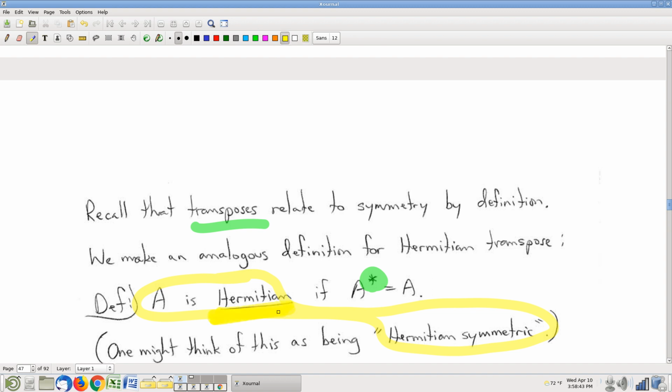This is my own term; I kind of made that term up. Really, the term is Hermitian. So you just have to remember when you see the word Hermitian, oh hey, here's a Hermitian matrix, what they mean is a matrix which, in the Hermitian context, is analogous to being symmetric in that it is its own Hermitian transpose.